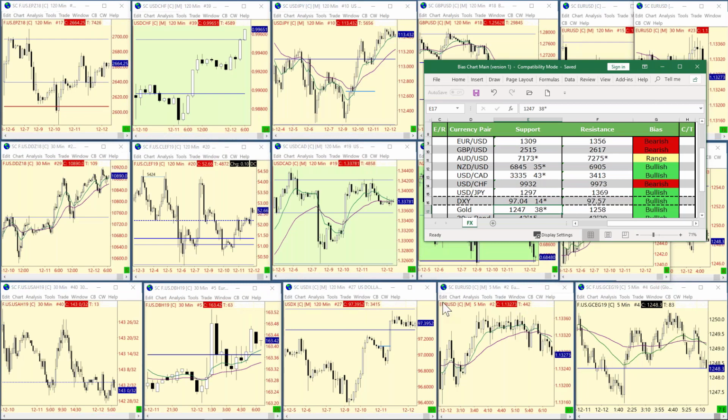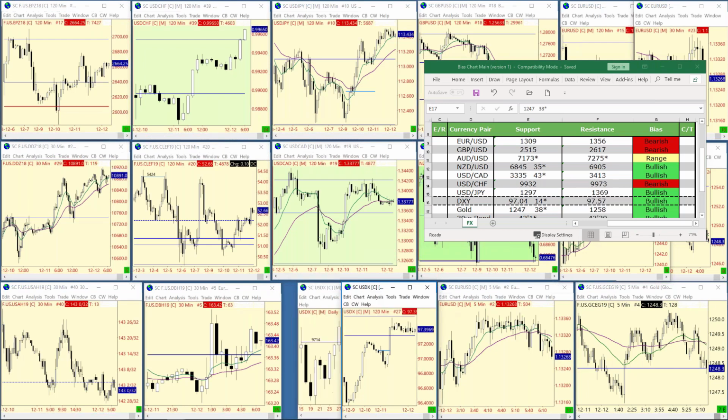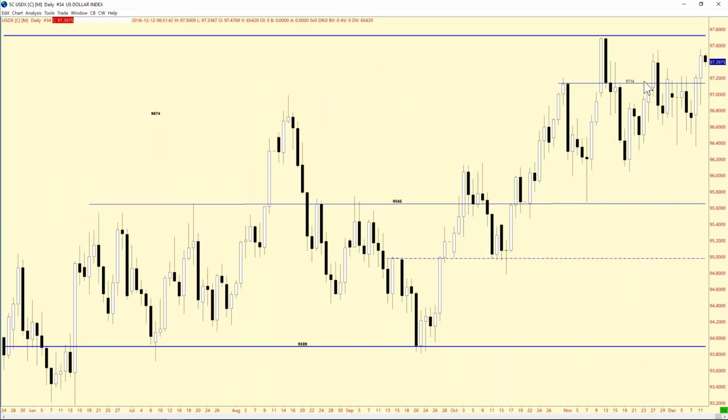Now we'll take a look at it on the daily also. But obviously getting above that 14 was huge. You look at the daily, it really looks bullish.